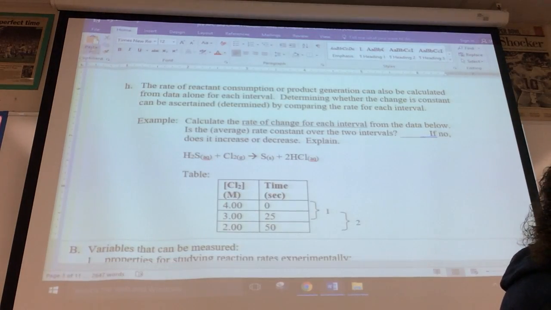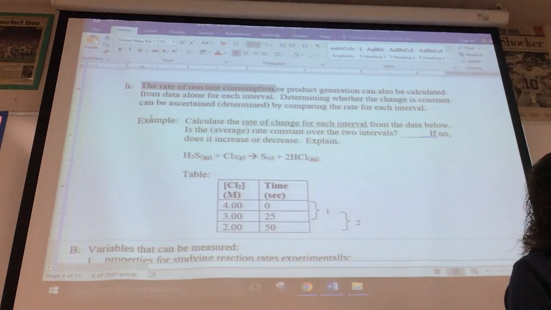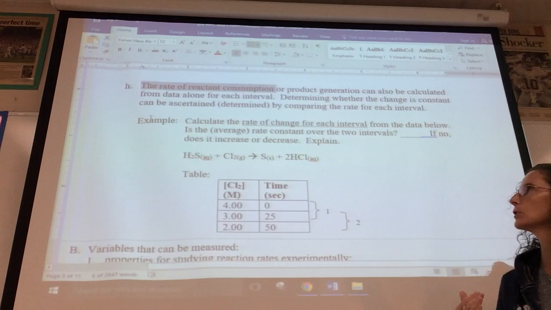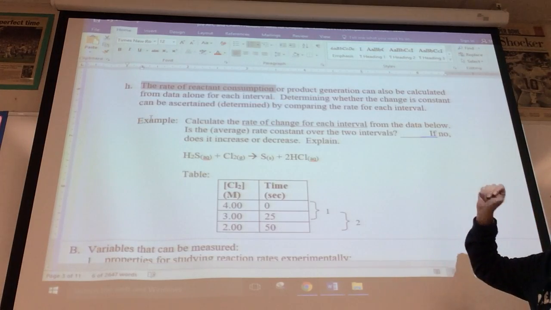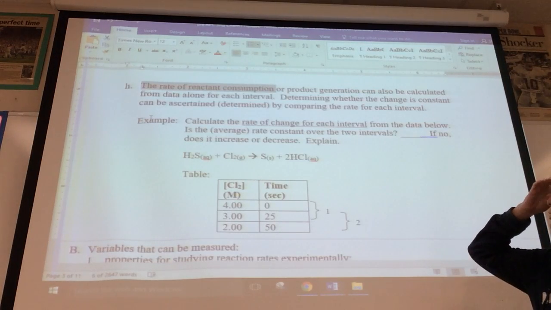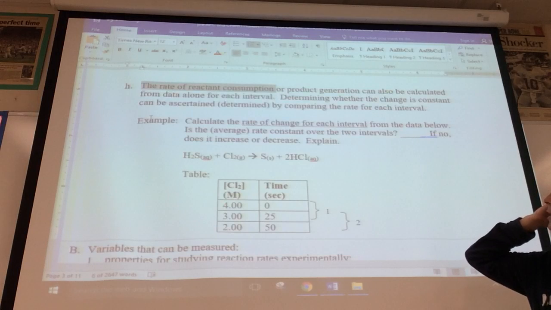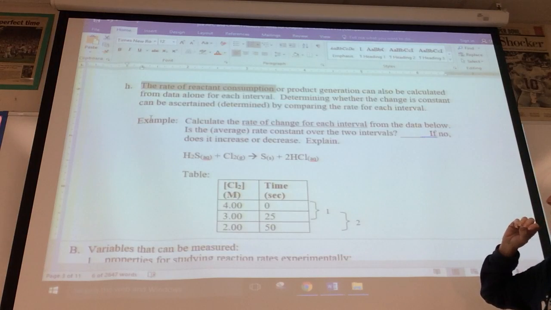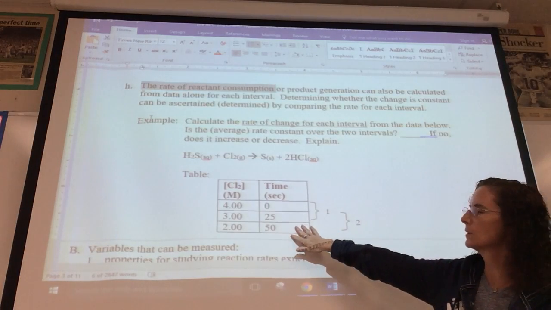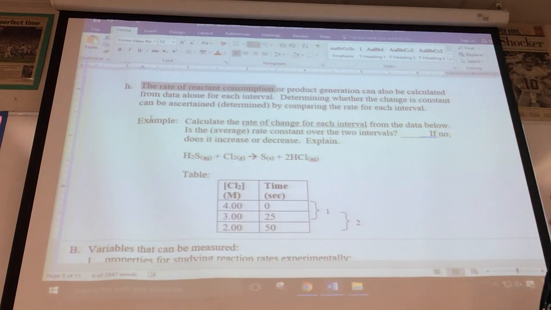You can determine the rate at which a reactant is consumed, because we know reactants are used up as the reaction goes from left to right, or products get generated. So you can calculate them from data alone, and you can calculate this rate of change over time intervals. And that's what we're going to do with the data table shown here.